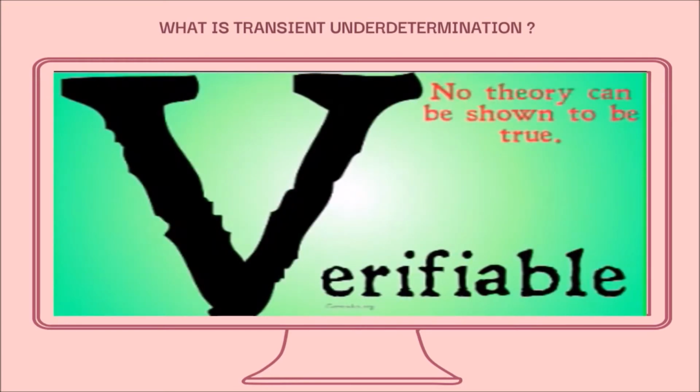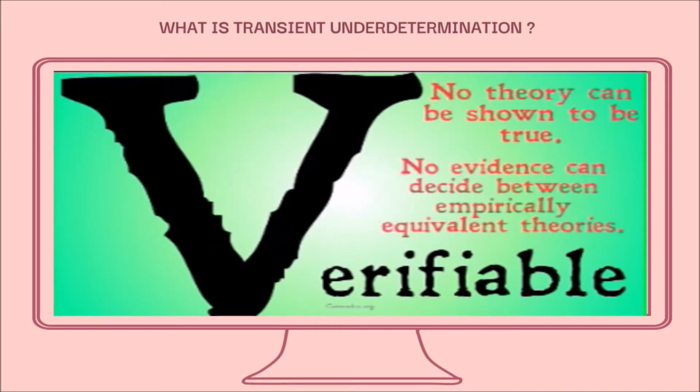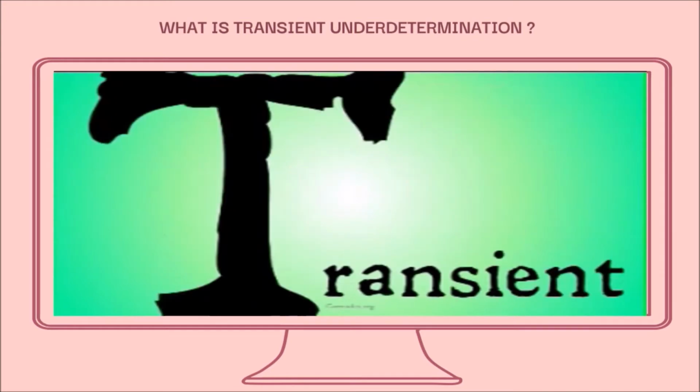And in fact, no theory can be shown to be true, or flat out true. No evidence can decide between empirically equivalent theories. And in fact, no amount of evidence can even show that one theory is more likely than the other between empirically equivalent theories. There's no rational way to choose. The only way you can choose is through your own personal psychological biases or by flipping a coin.